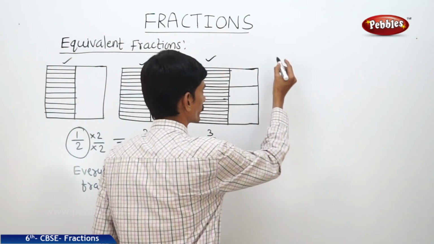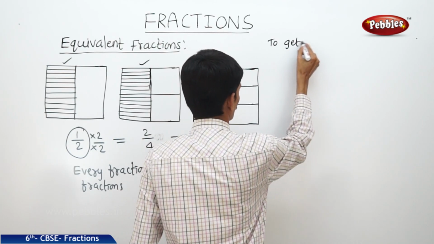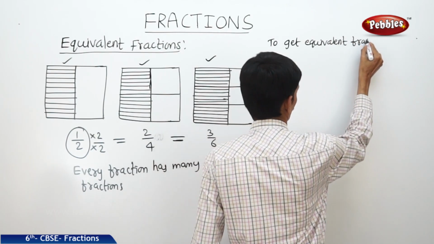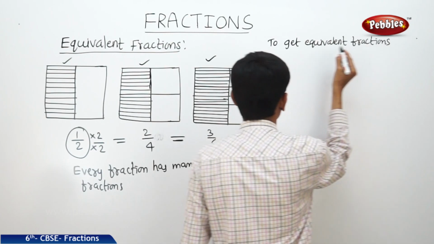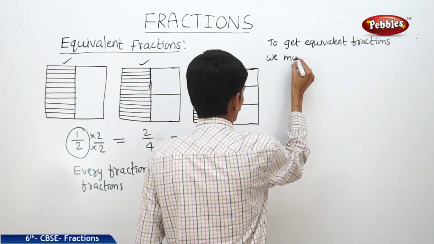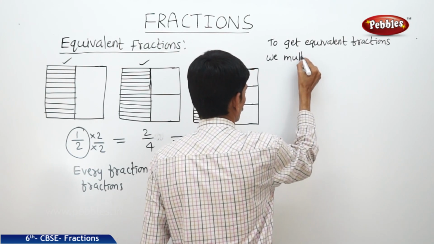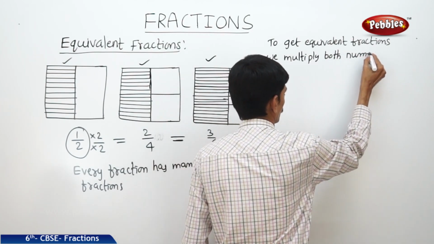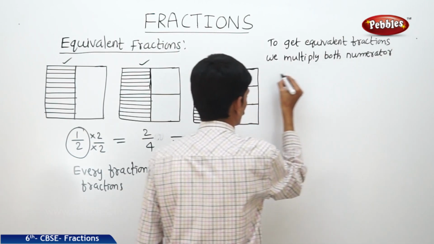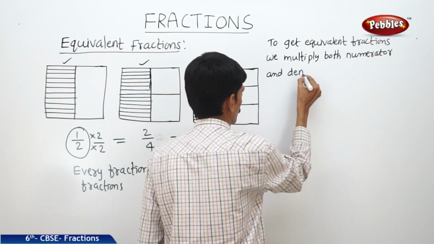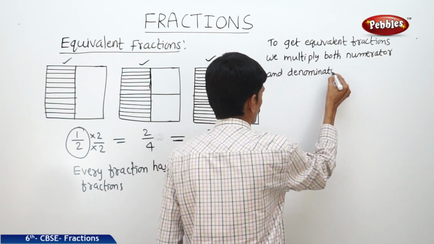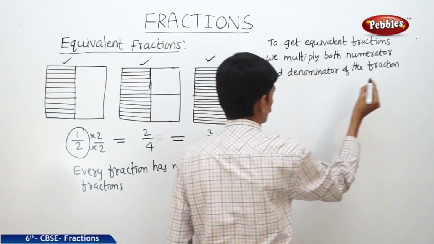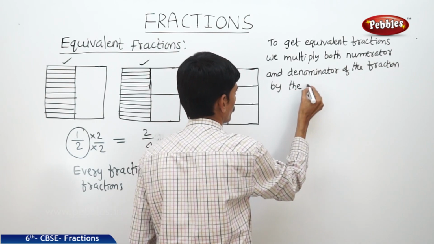So to get equivalent fractions, we multiply both numerator and denominator of the fraction by the same number.